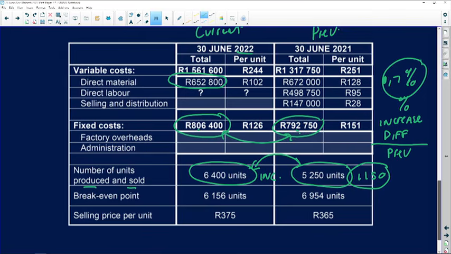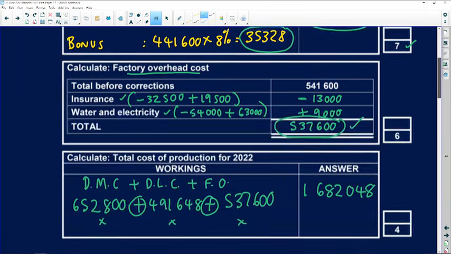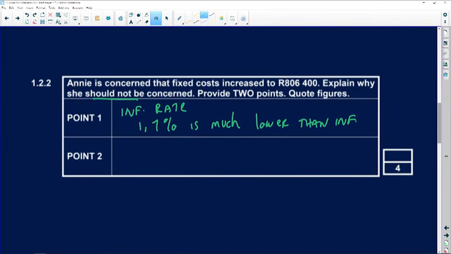Okay, so clearly we can see in this particular case there's an increase in production, and as you can see, because we're producing more, the fixed cost per unit has also decreased. So it is becoming cheaper for the business.